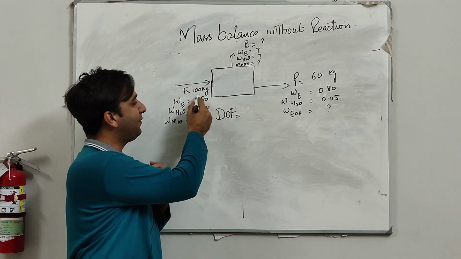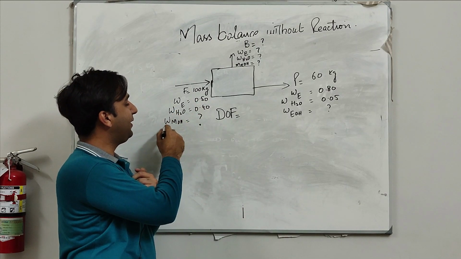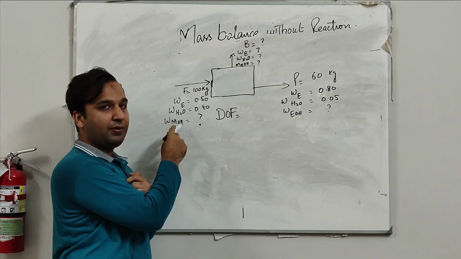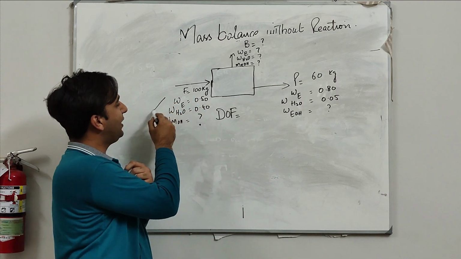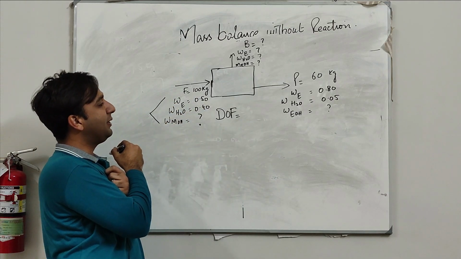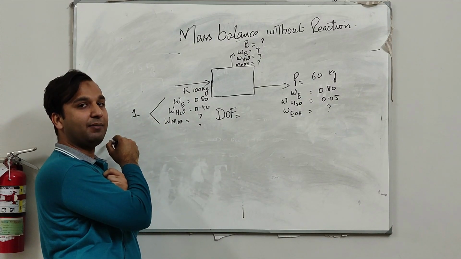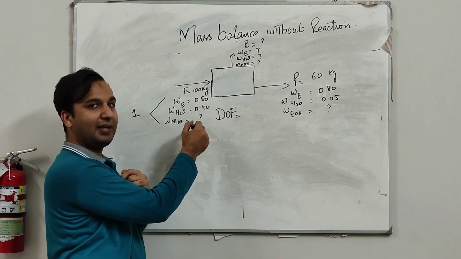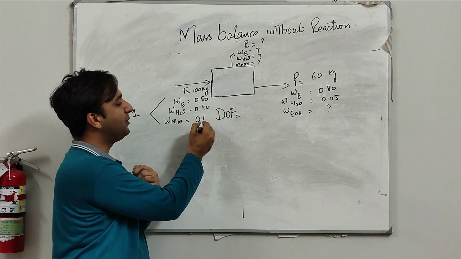So here you can see that the weight fraction of methyl hydroxide or methanol is not known to us. As we already know, all the mass fractions, if we add them, are equal to 1. So only one thing is unknown, so we can find it: it is 0.90, so the remaining will be 0.10.